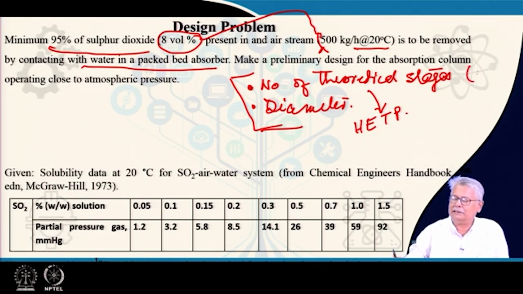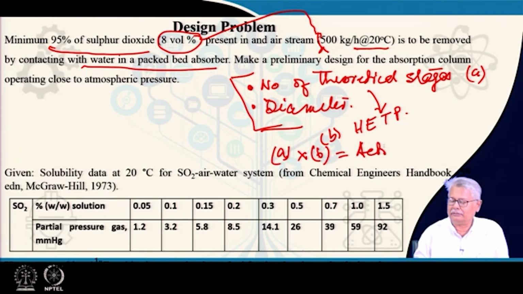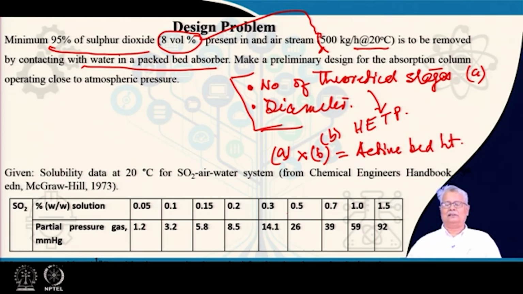Now, when I multiply these two items, what do I get? We get the active bed height which is required for this particular contacting. So, with this we understand that we are going to require some active bed height of a particular diameter, and we know the number of theoretical stages that is required for this contacting as well.